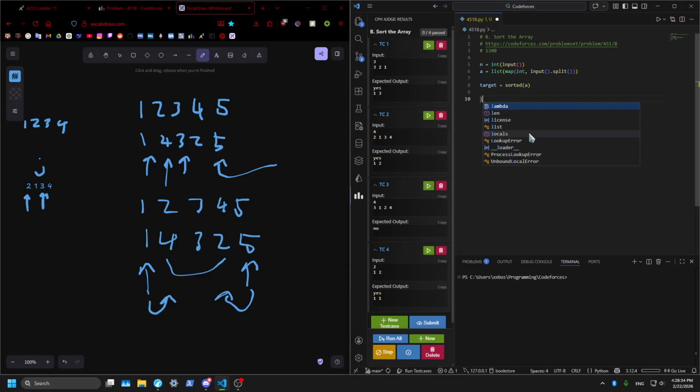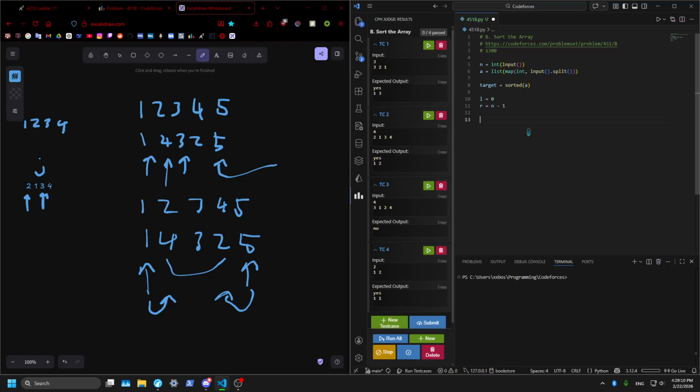So left equals 0, right equals n minus 1. And then when do we stop the loop?